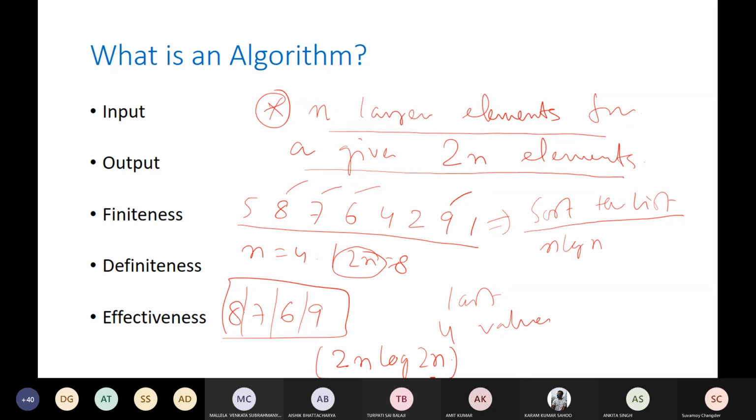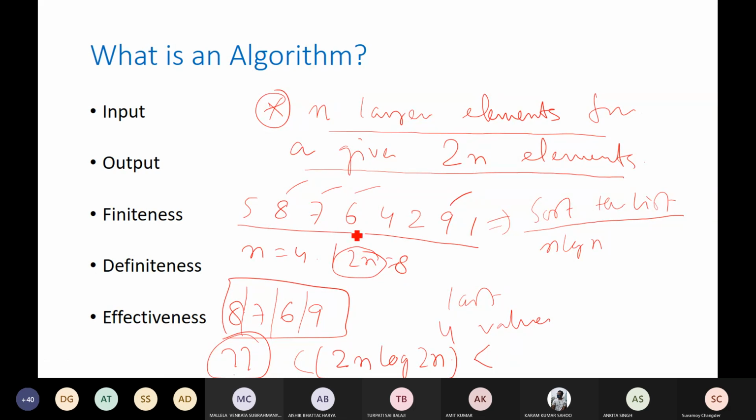The question is, is it possible to find the same answer in less time? Is it possible to find a better algorithm which will take less time than 2n log 2n? Let us check whether it is possible or not.